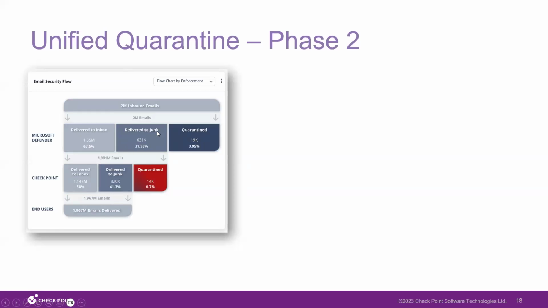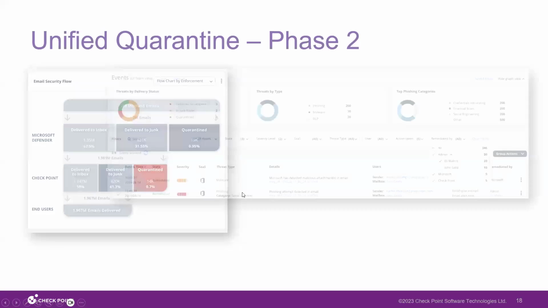But if they're delivered to junk or to the inbox, they do. So then we inspect them as that secondary layer, where we can show you what is delivered to the inbox, what's delivered to junk, and what we quarantined, showing you the total that was actually delivered.